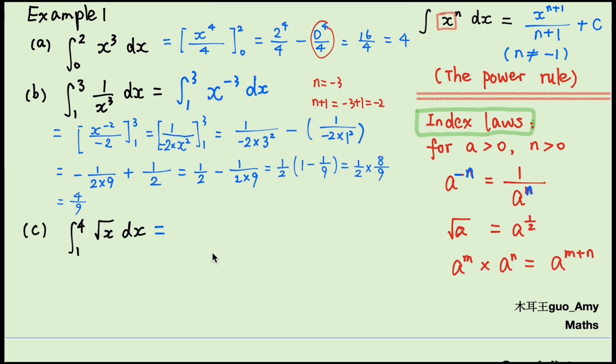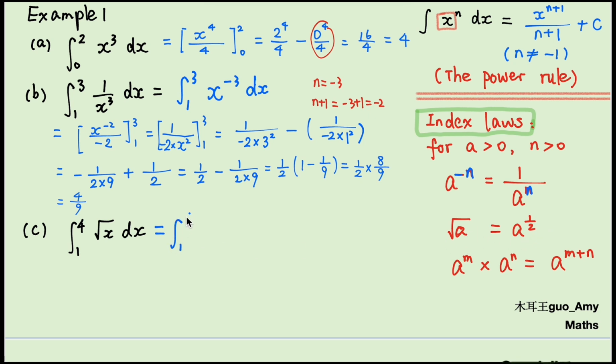Now let's look at part C. Here we have the integrand root x. In order to apply the power rule, we are going to convert root x to the power form. Based on the index law, we know root a is equal to a to the power half.